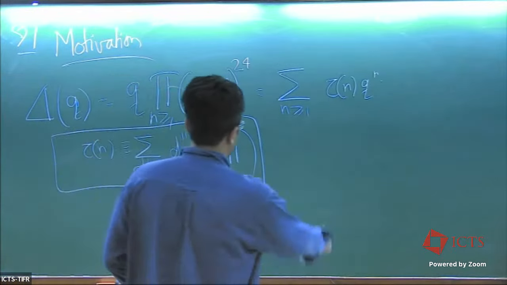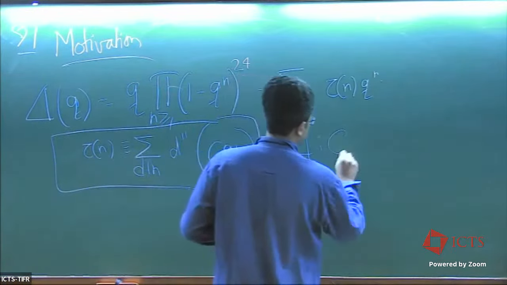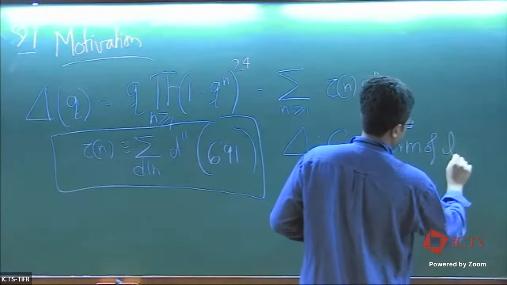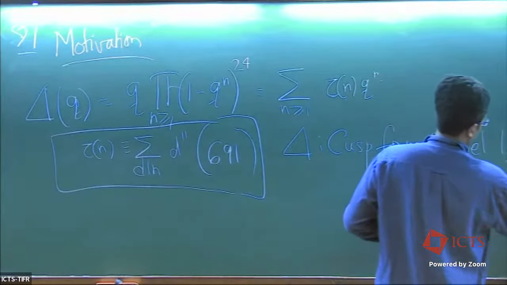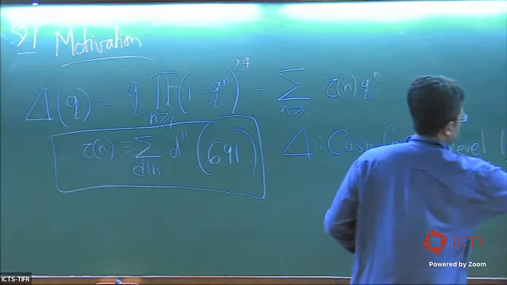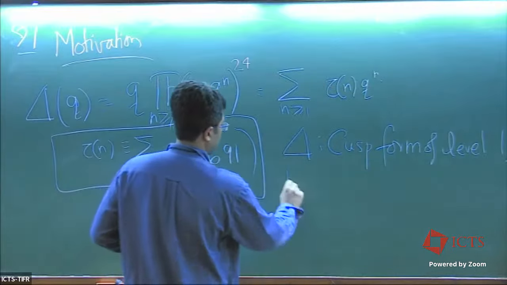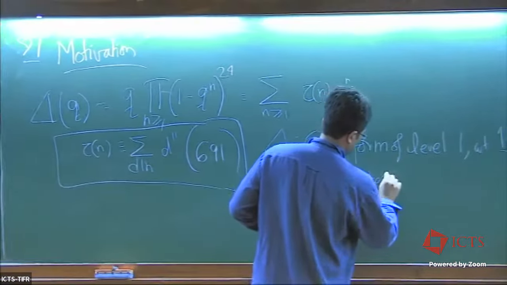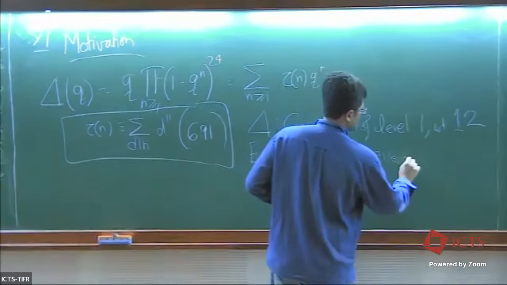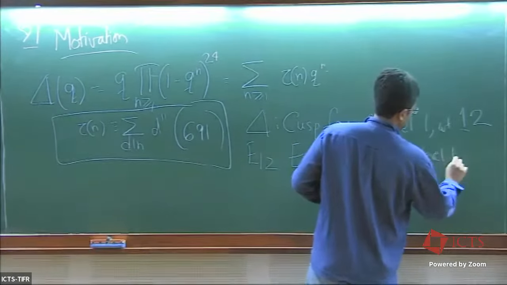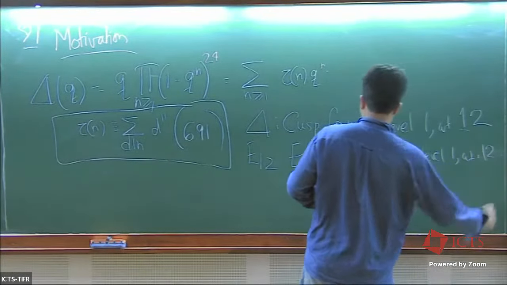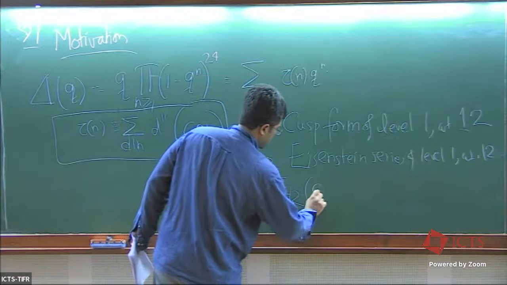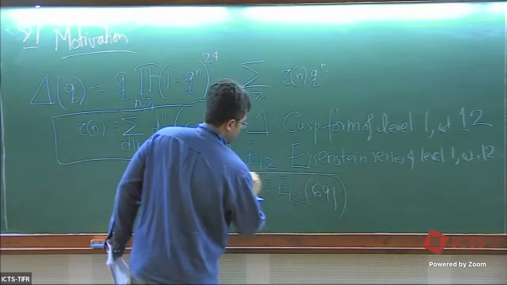So now what we say is that Delta is a cusp form of level 1 with weight 12, and E12 is an Eisenstein series of level 1 with weight 12, and I have a congruence between Delta and E12 mod 691.